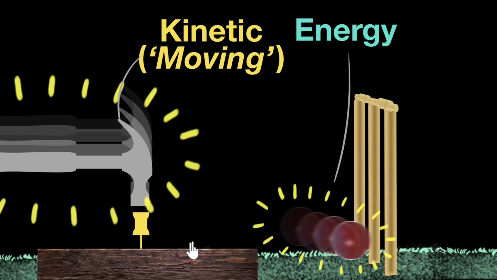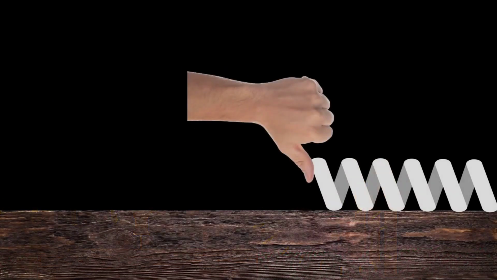Okay? But guess what? We can also have energy without motion. Let's take some examples of that. Suppose we take a spring and compress it. Now, if I keep a paper ball in front of it and let go of my hand, you can imagine it can do work on that paper ball, right? Because it can push on that ball and it can make that ball move.